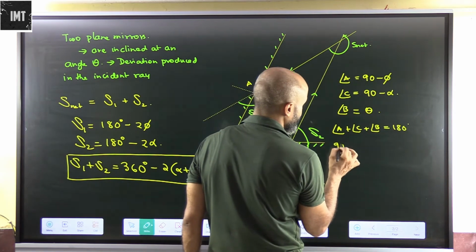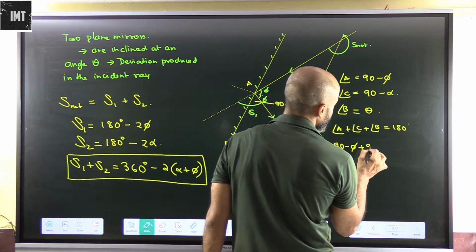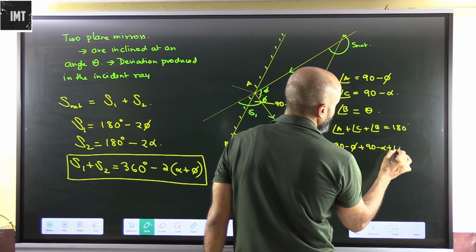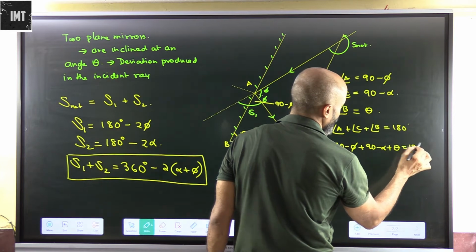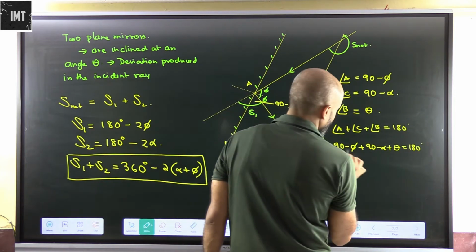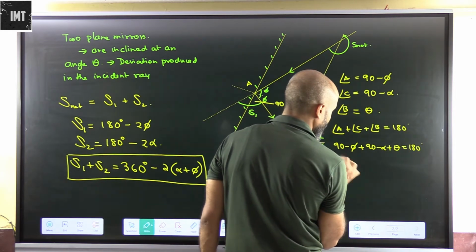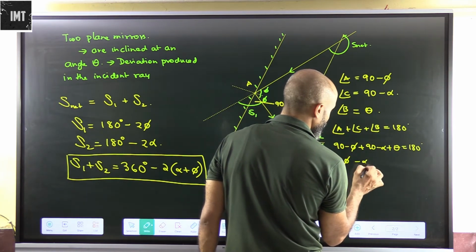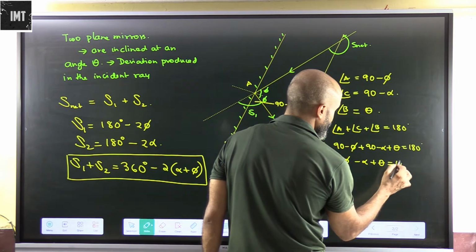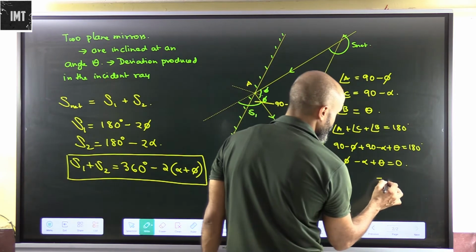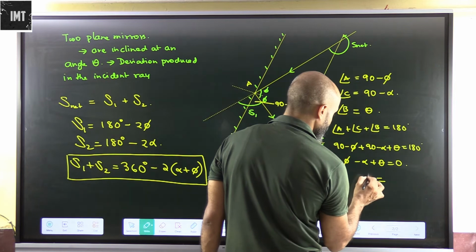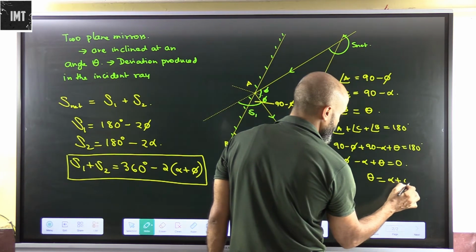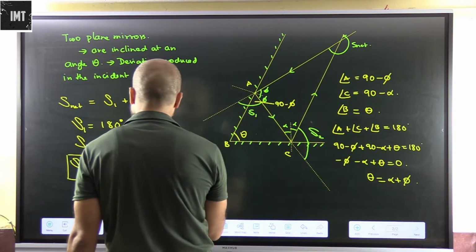So 90 minus sigma plus 90 minus alpha plus theta is equal to 180 degrees. This gets cancelled, so minus sigma minus alpha plus theta is equal to 0, or theta is equal to alpha plus sigma.